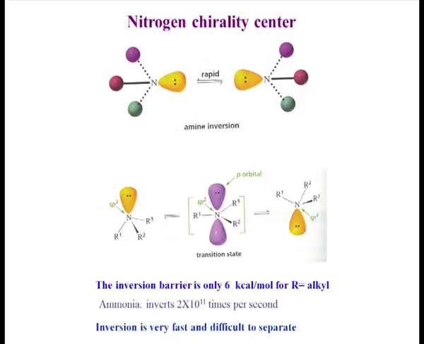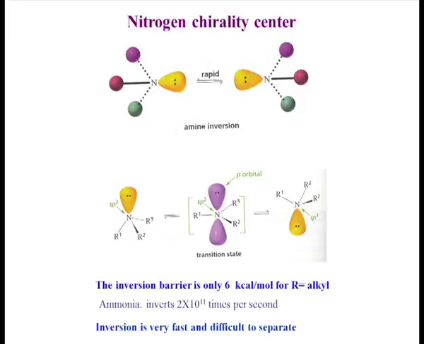In the transition state this is converted to an sp2 hybridized nitrogen, where the p orbital holds the electron pair, and then it reverts either back to the starting material or to the other form, where the nitrogen lone pair is below the plane. So the inversion is taking place.